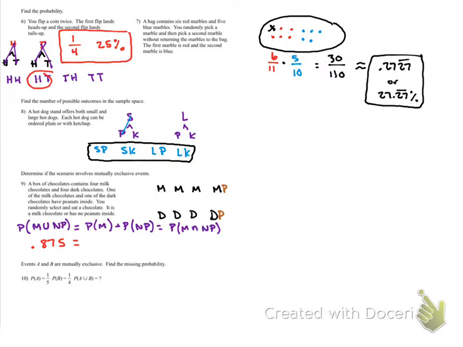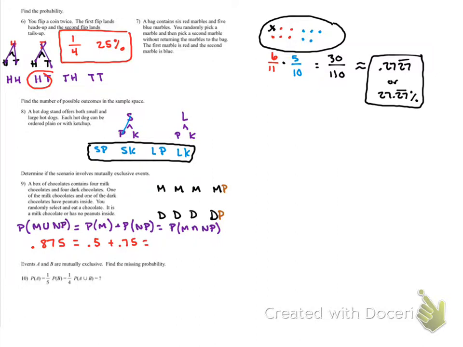So 4 out of 8, that's 1/2, that's 0.5, plus, what's the probability of no peanuts? No peanut, no peanut, no peanut, none, none, none. So that's 6 out of 8, which is 3/4, which is 0.75.